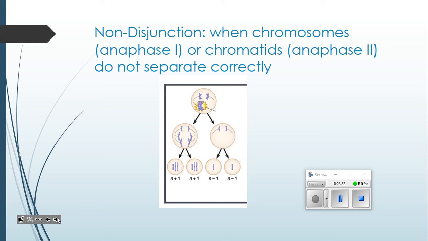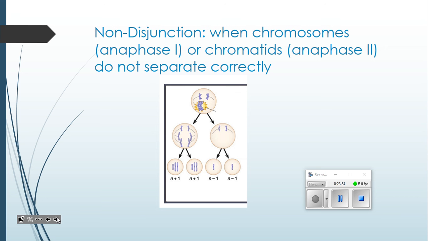Now, if you look at my little picture, it's just showing you a little cartoony pow on the pair of chromosomes that's not being separated properly. And it's not the details I want to focus on, but the outcome. Normally, when I'm making gametes through meiosis, I'm going to end up with haploid cells.